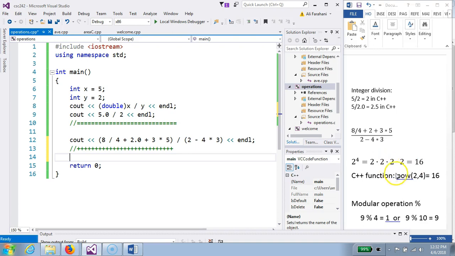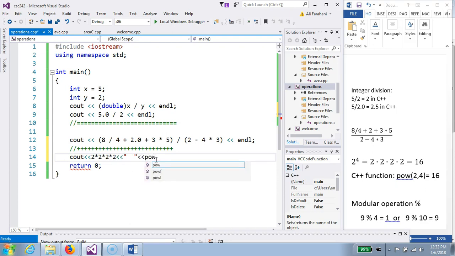In C++ there is a built-in function, which is called pow, P-O-W, that does this for you.